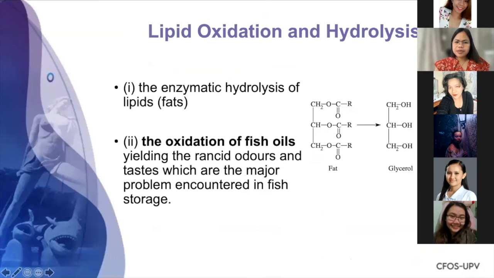Okay. Chemical, ito, lipid oxidation and hydrolysis. Lipid oxidation and hydrolysis could take place in a fish simultaneously. So again, the oxidation of fish oils yields rancid odors and taste because of the secondary byproducts, which are the ketones and aldehydes.